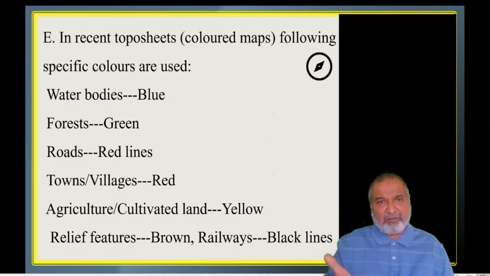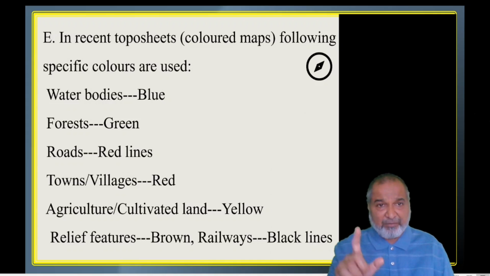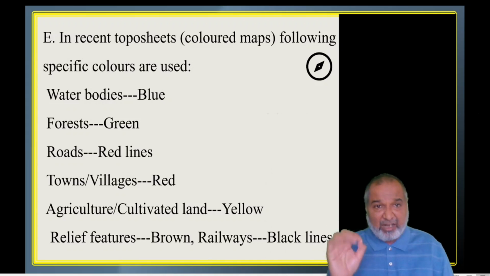Wherever there is shallow water, it is light blue. Then the forest is given by the green color. No other color is given for the forest. In every world map and Toposheet map, these are the conventions. Blue means water. Green means forest. For the road, it is red lines.